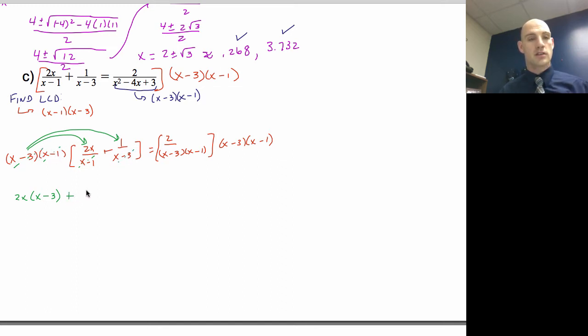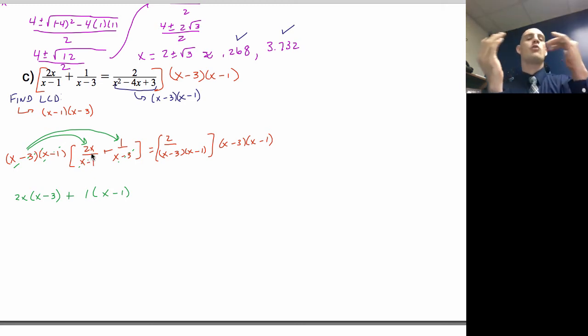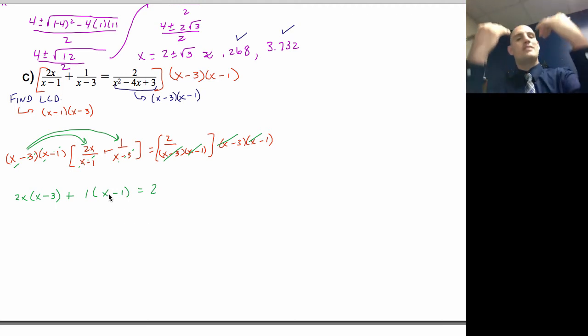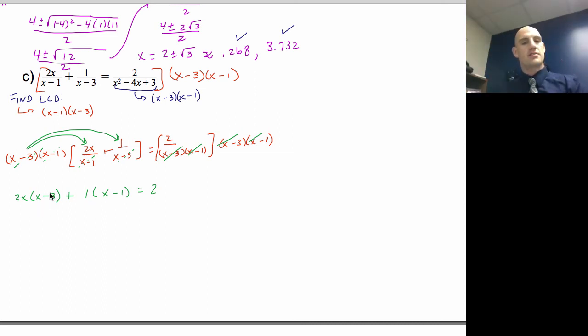So I've got plus 1 times x minus 1. So that's how it works out when I've got those two separate fractions. Only half of my LCD actually cancels in there. On this side, it's cool because both cancel, and so I'm left with it's equal to 2. Check out how much easier this is now. In my original, I had this quadratic, I had an x minus 1, I had an x minus 3, but now I'm left with just factors that I feel comfortable with.